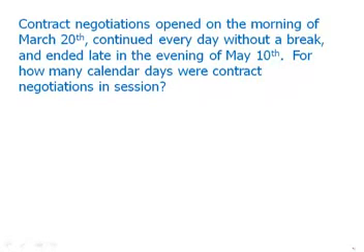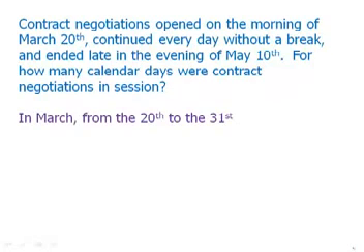Okay. Contract negotiations opened on the morning of March 20th, continued every day without break, and ended late in the evening of May 10th. For how many calendar days were the contract negotiations in session? Well, let's see. First of all, in March, we're talking about the 20th to the 31st. That's the end of March. So how many days there?